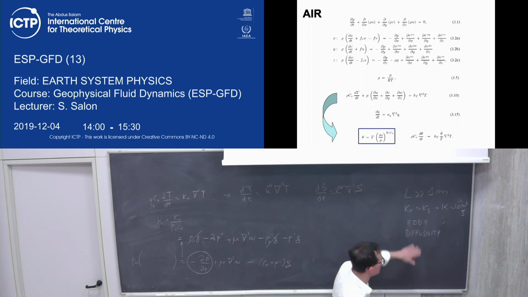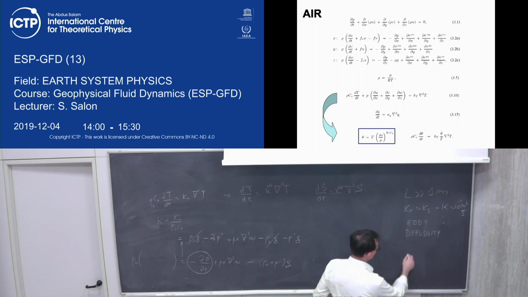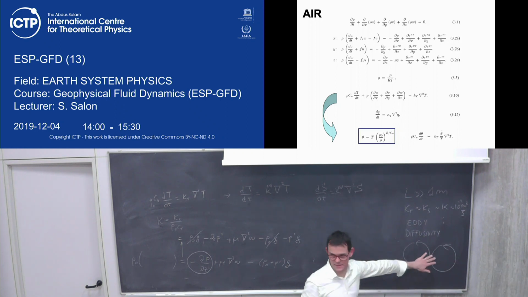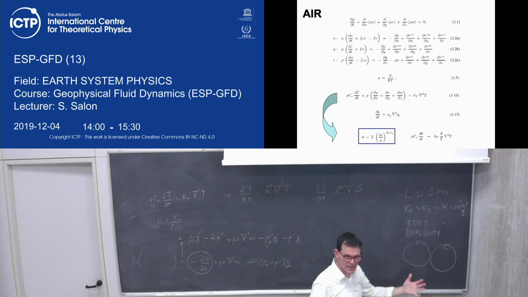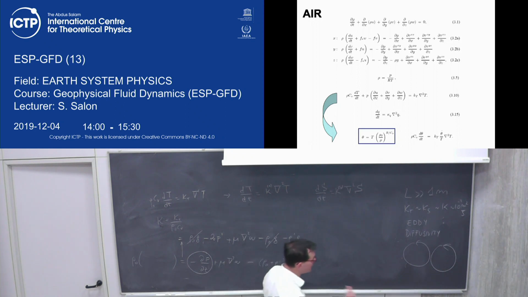And we call this the eddy diffusivity, because all the transfer of information, related to the properties of the fluid, temperature, humidity, salinity, is ruled by eddies. So eddies are vortices. Inside the flow we have many different vortices which transform and transfer the properties of the fluids.